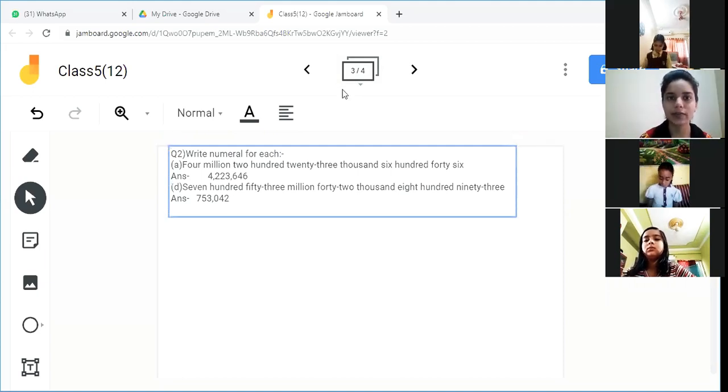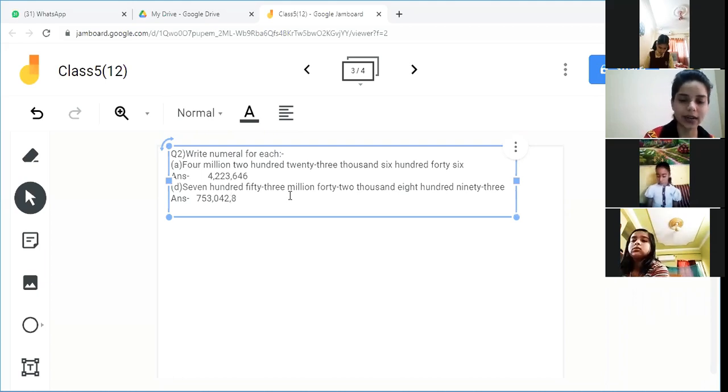So 42,000 is only there. So you have to put 0 before 42, children, because it is given only 42,000. There should be a 100,000 place, no? There should be 100,000, so that it is 753 million. So that's why we are putting 0 before 42. So it is 42,000.